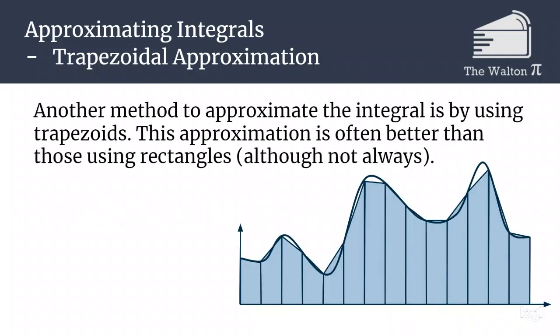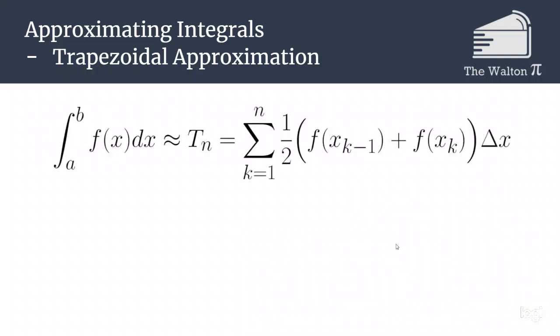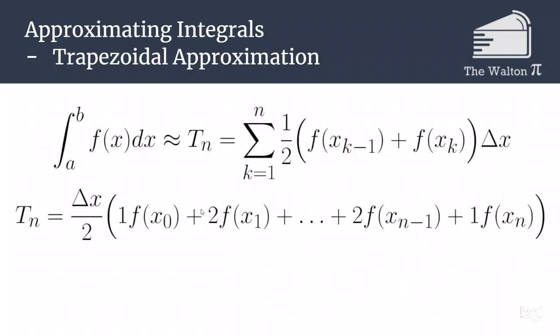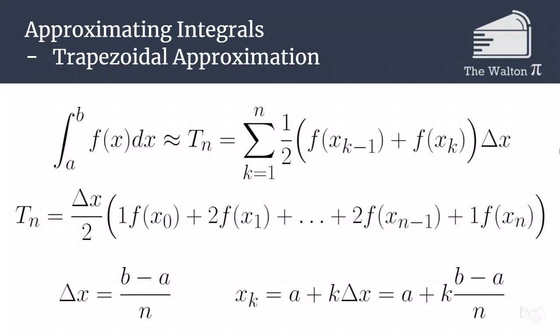The reason is that we take 1/2 of this one plus this one, but then for the next trapezoid we also count this edge again. And that is why the 2's show up inside the equation. And again, just so that we have them, those are the definitions of delta x and x sub k.